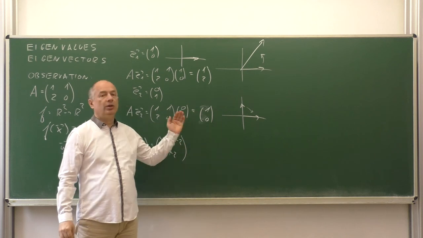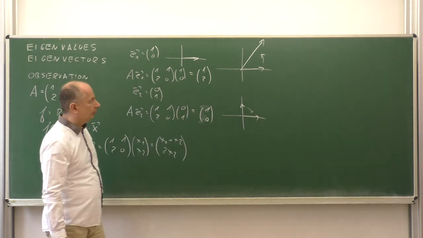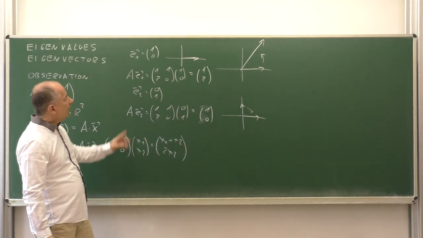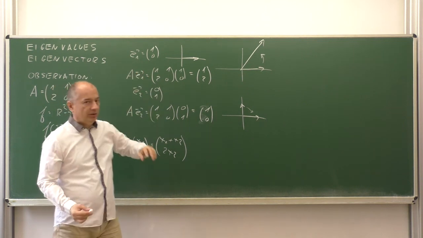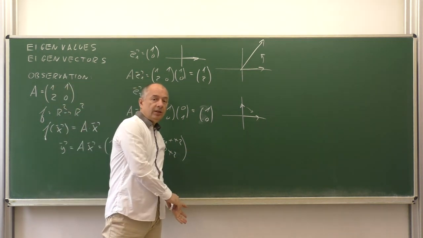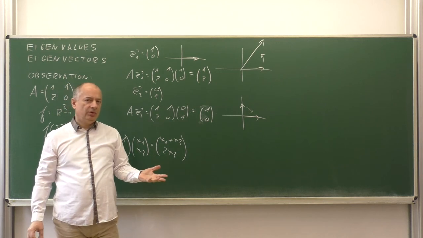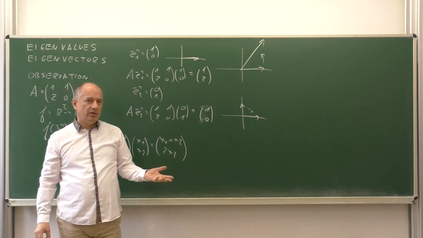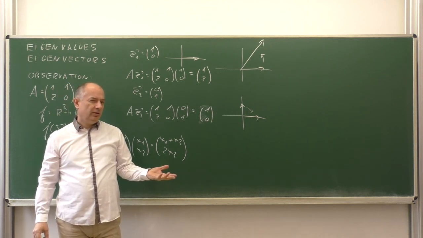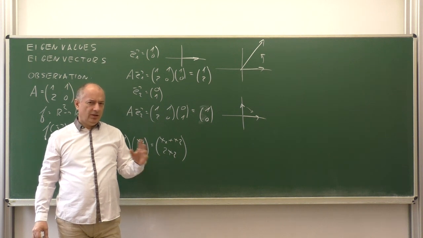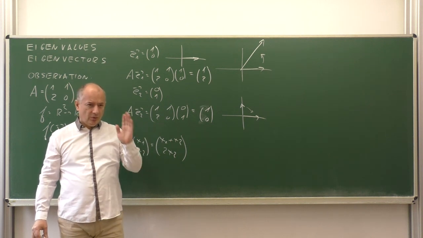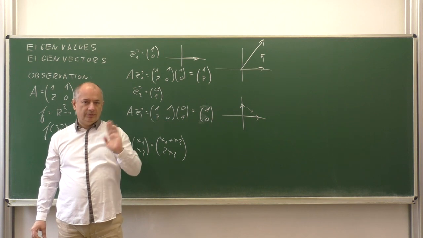In mathematics we call it negative direction. So if there are some vectors that are rotated to the left, some vectors that are rotated to the right, a natural question arises whether there is a vector which is not rotated, which stays in the same line.